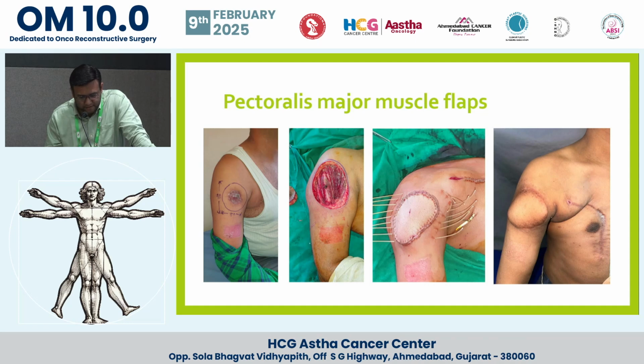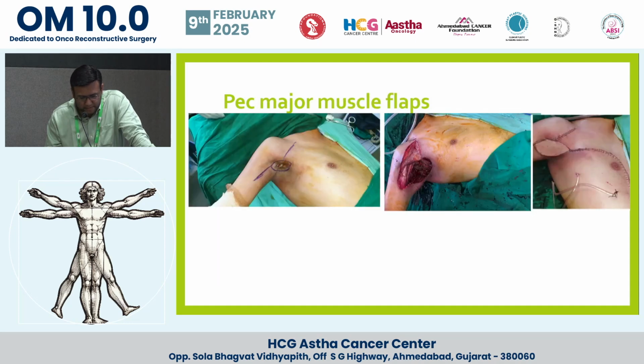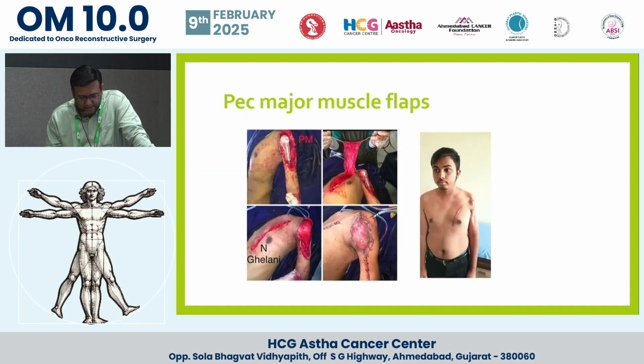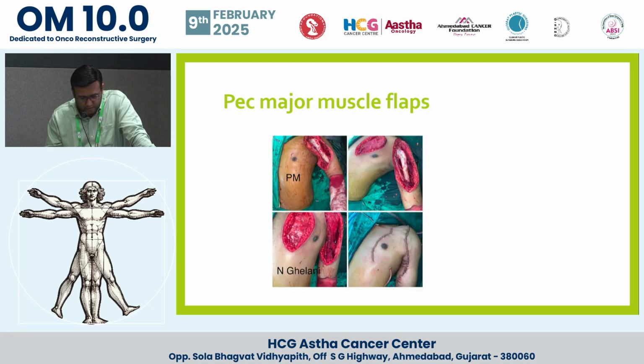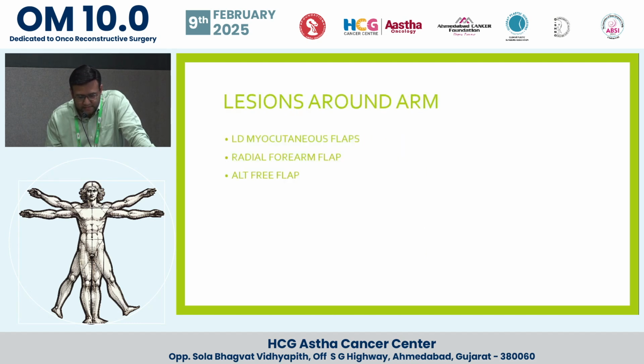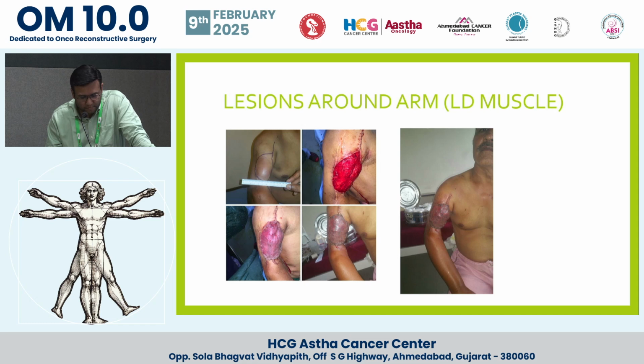Upper arm defects are also covered with the PM and LD muscles. LD can reach up to the distal arm region. This is another case of PMMC. For lesions around the arm, LD, radial forearm flap, and ALT free flap are the options.